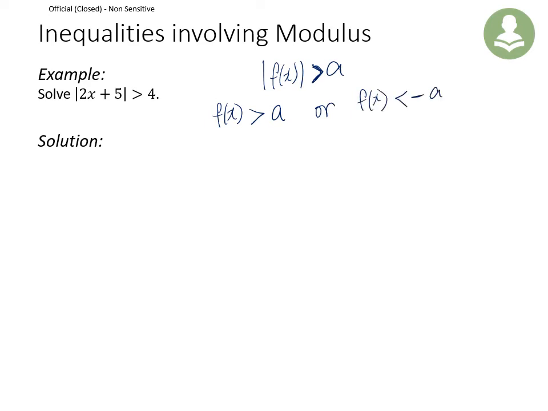So in this case, what is my f(x)? My f(x) is my expression 2x plus 5. What's a? a is going to be 4. So this is how we are going to break this into two discontinuous inequalities and solve them separately.